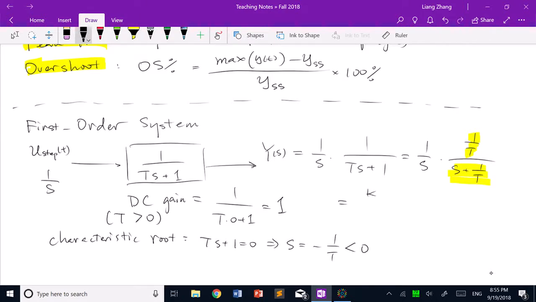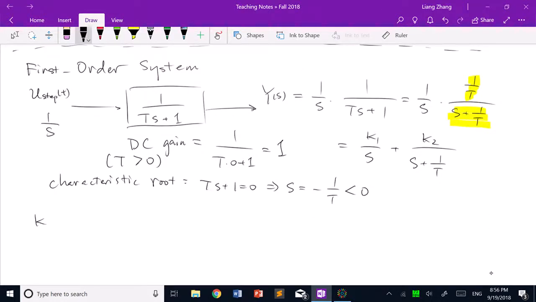We know it's going to have two terms, one looking like this, and the other one looking like this. Okay, and you use the cover-up method.